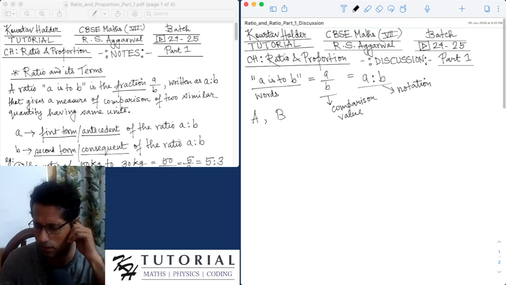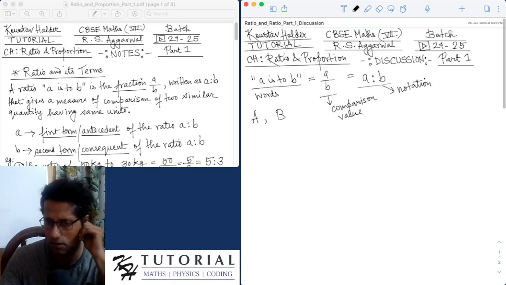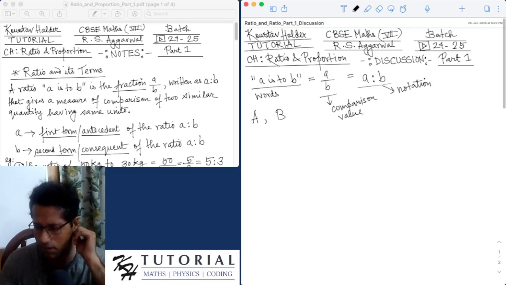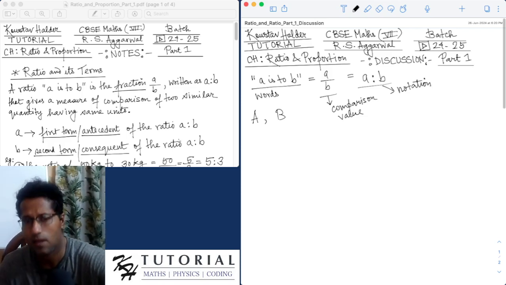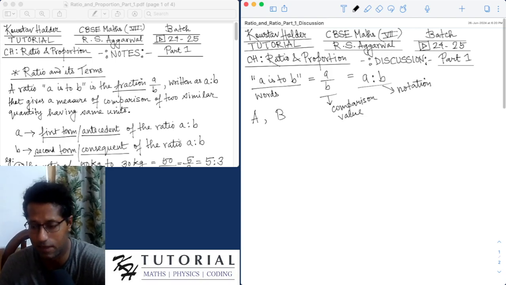They could be fractions, decimals, or whole numbers. They actually represent some quantity of some kind, and they must have similar units. That is, if A is an age in years, then B should also be an age in years. If A is a length in centimeters, then B should also be a length in centimeters. So they must be of a similar kind, and the units must be the same.